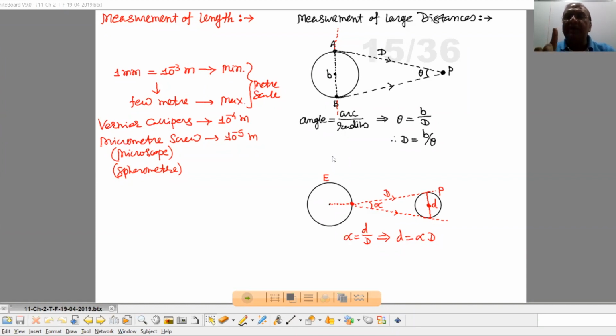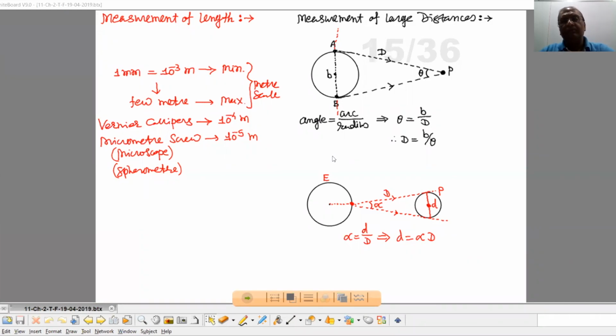So one division has the value 1 upon 1000 meter, that is 10 raised to minus 3 meter. That 10 raised to minus 3 multiple is called a submultiple, named milli. So we can say a small division stands for 1 millimeter.